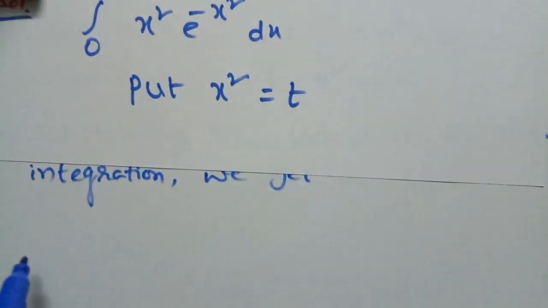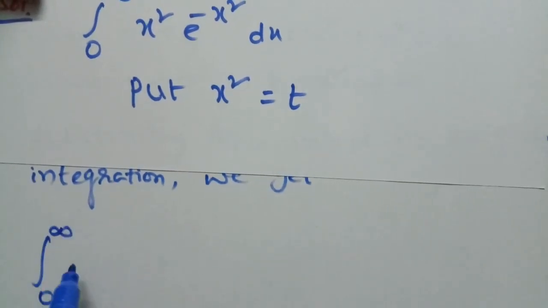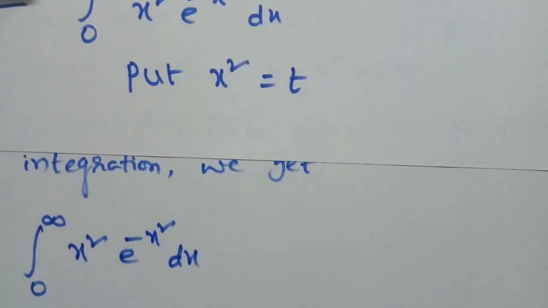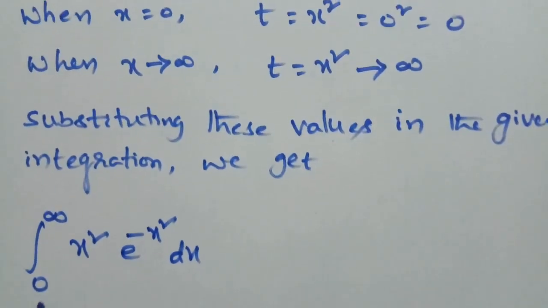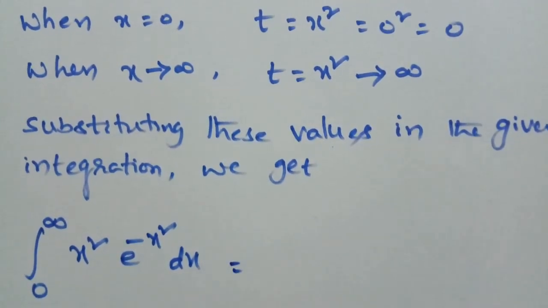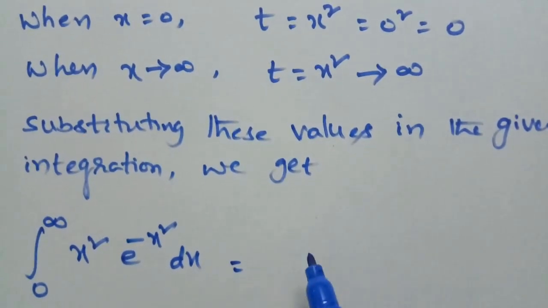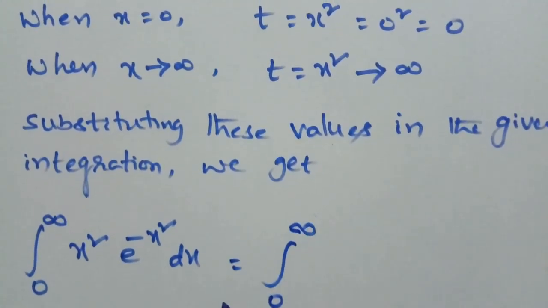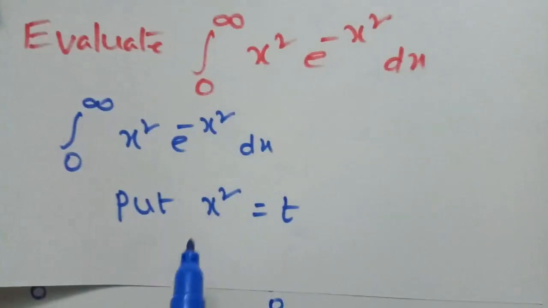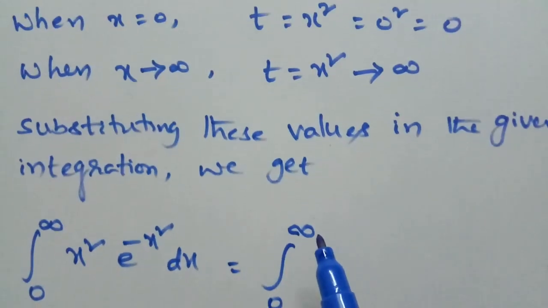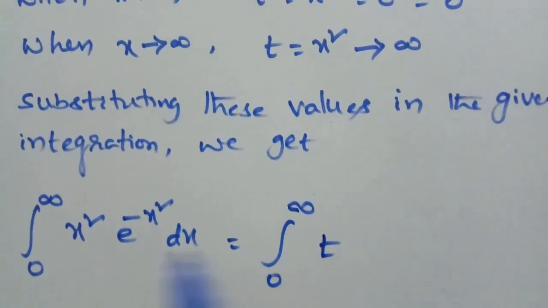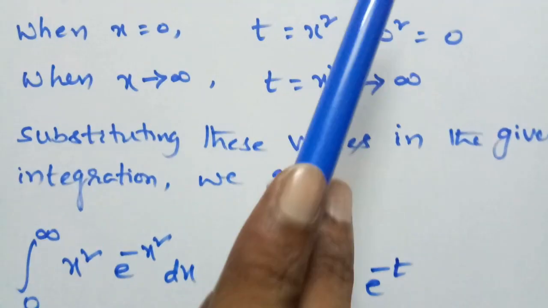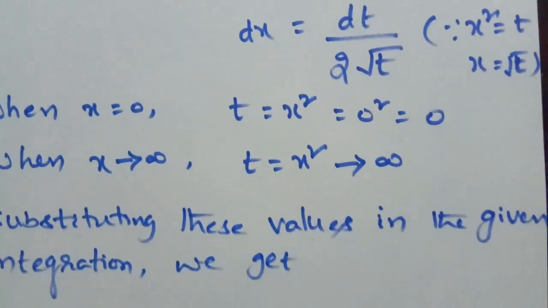We assumed that x square is equal to t. Therefore, t into e to the power of minus t, dx is equal to dt by 2 into square root of t.